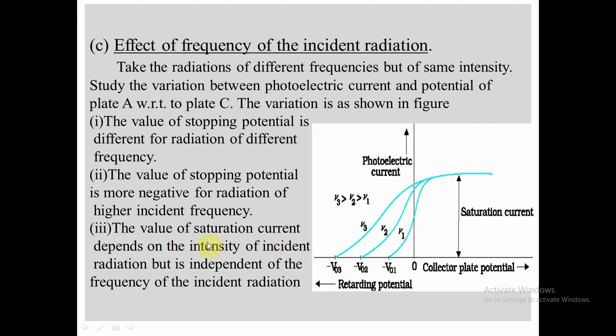The value of saturation current depends on the intensity of the incident radiation, but it is independent of frequency of the incident radiation. For all the different frequencies, the saturation current is the same. This shows that the saturation current depends on the intensity of the incident radiation, not on the chosen frequencies.